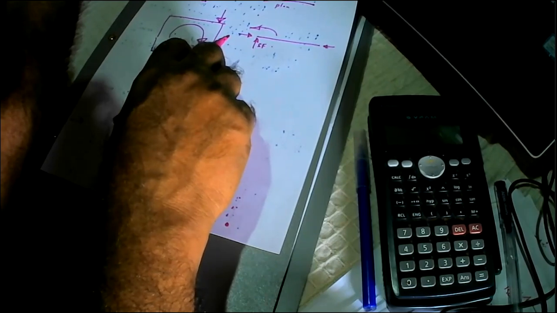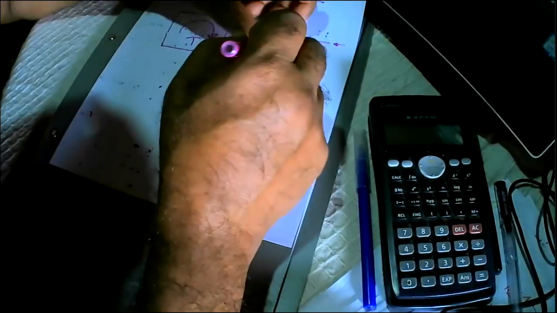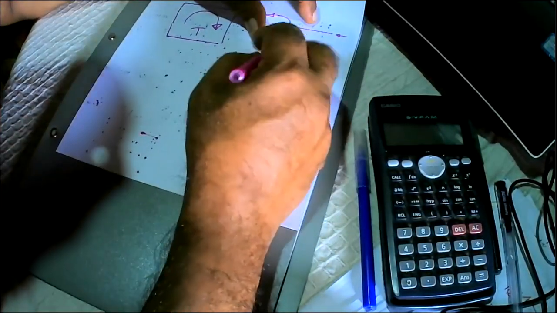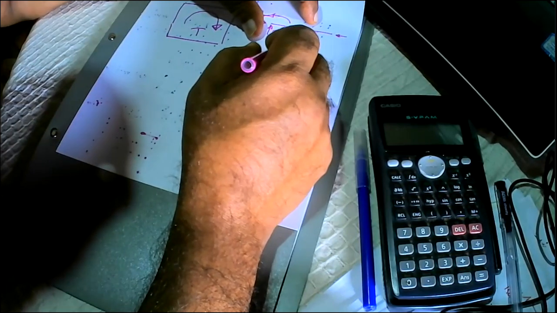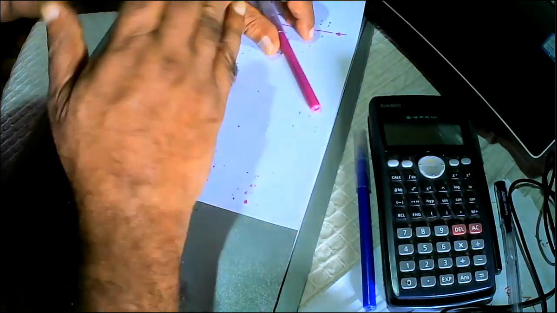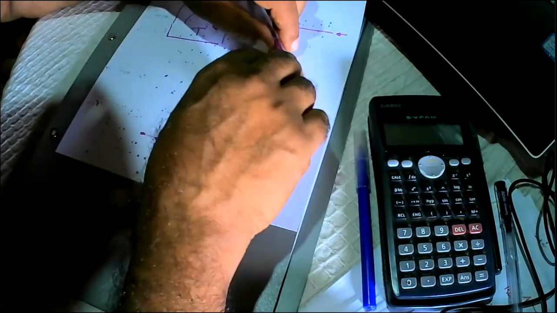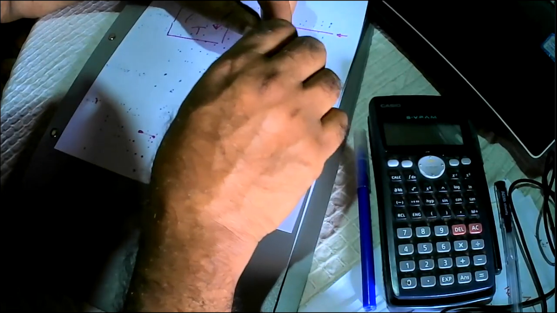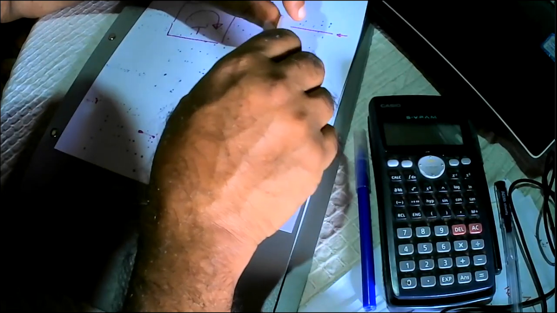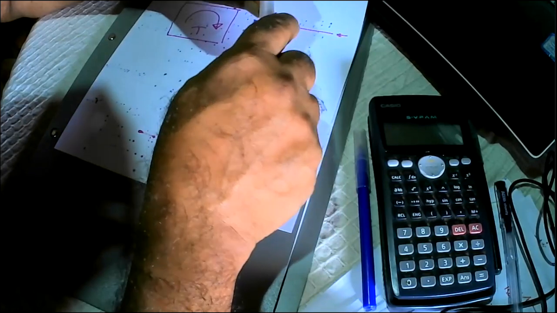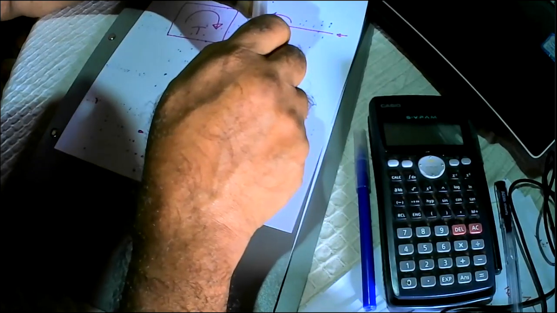Similarly, for slabs, we don't consider the deformation of the slab in its own plane, but we consider the deformation of the slab out of plane. So what is important for us is out of plane deformation of the slab due to the vertical loads, and we generally ignore the in plane deformation of the slab.